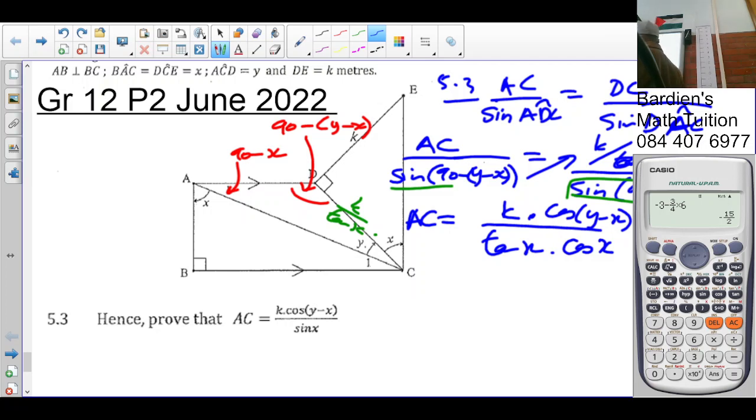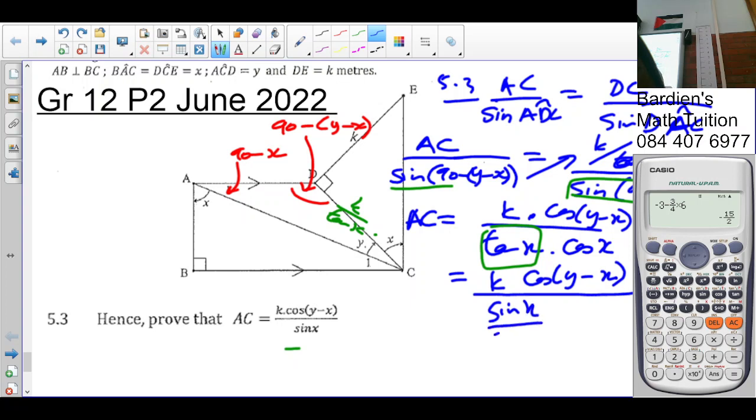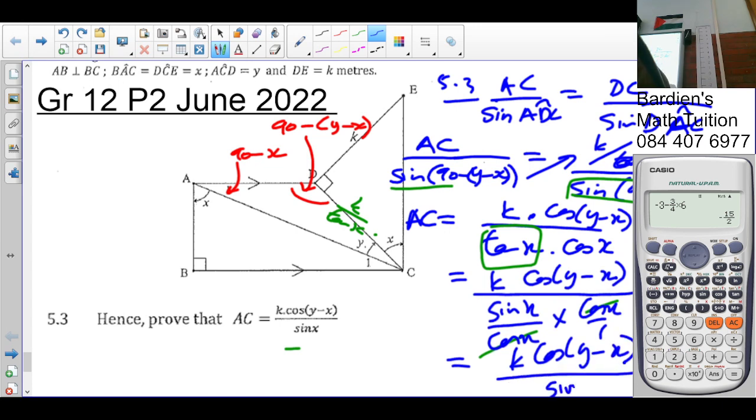Right. Now, that is not what we have at the bottom. However, tan can be written as sine over cos. So it's k cos y minus x over sine x over cos x, times cos x over 1. Of course, that cancels. Leaves you with k cos y minus x over sine x.